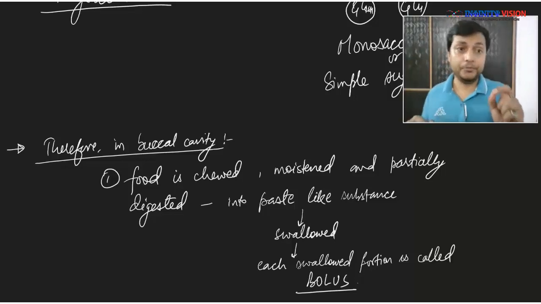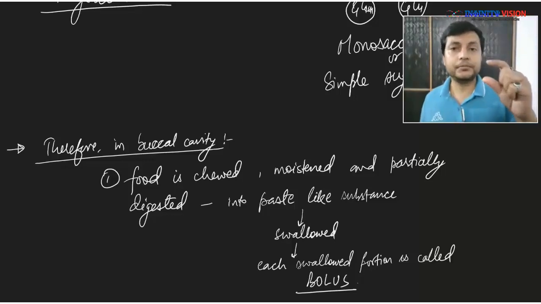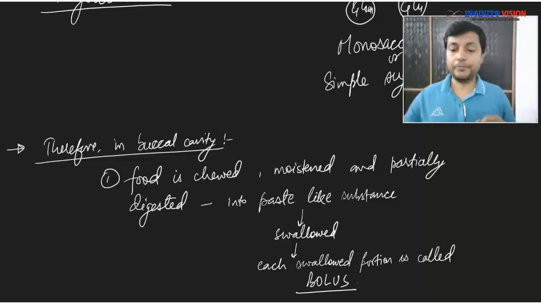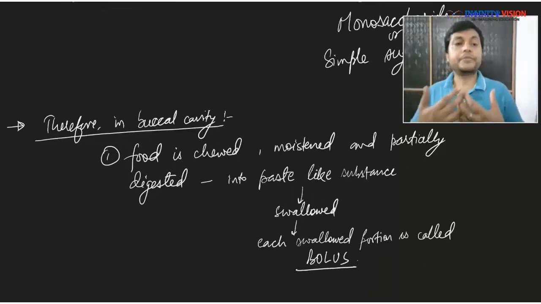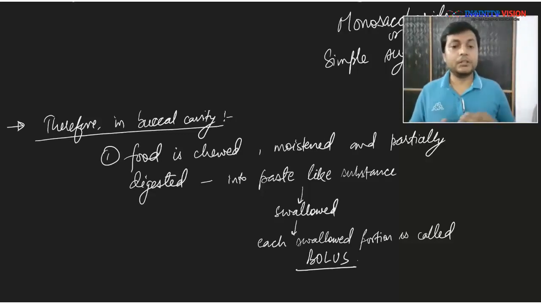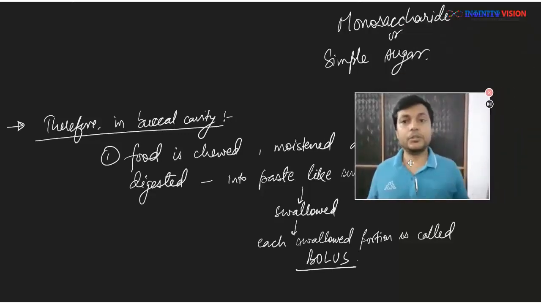Do remember, it is bolus. So the swallowed lump of food is called bolus. Great. So this bolus now moves down the esophagus and reaches the stomach. The rest of the digestion takes place in the stomach and small intestine. The remaining part of digestion we are going to see in the coming video lecture.